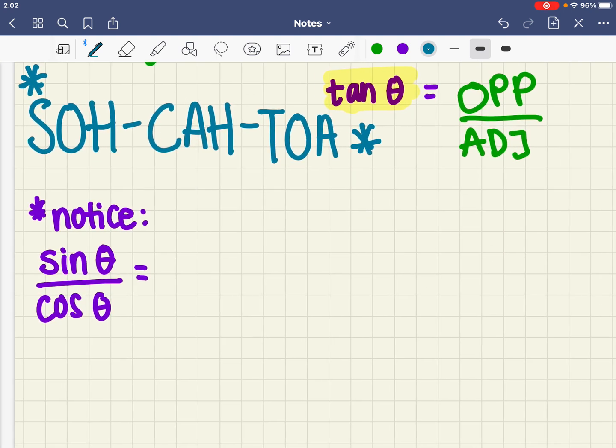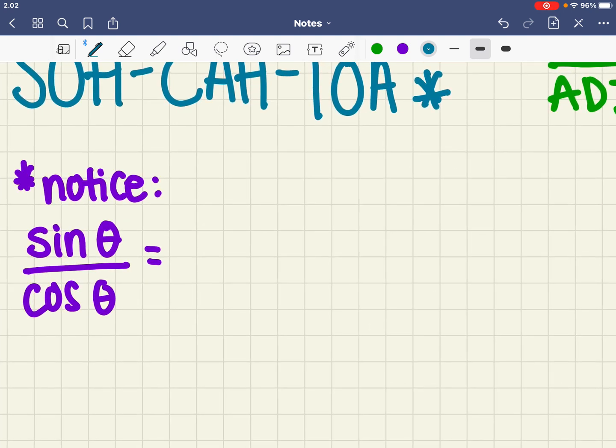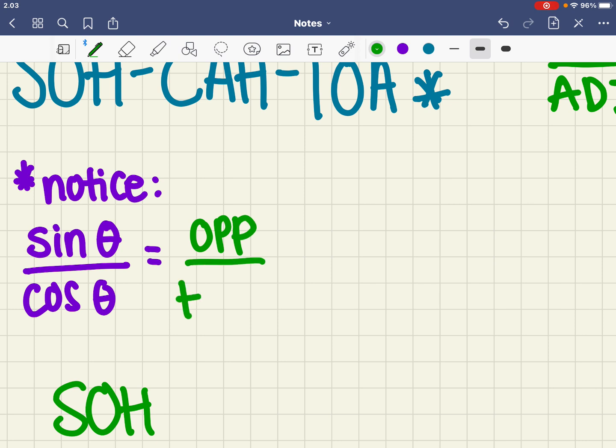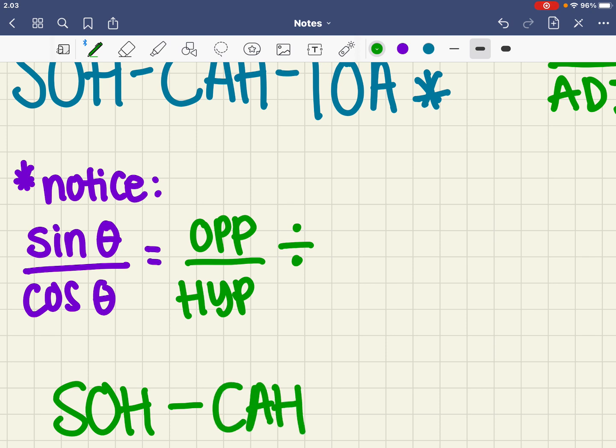Okay, and one thing to note, that sine theta divided by cosine theta, so that means again sine theta is opposite over hypotenuse divided by adjacent over hypotenuse.